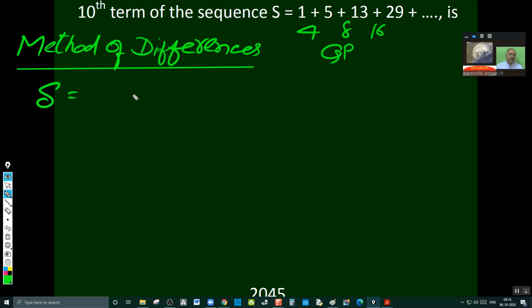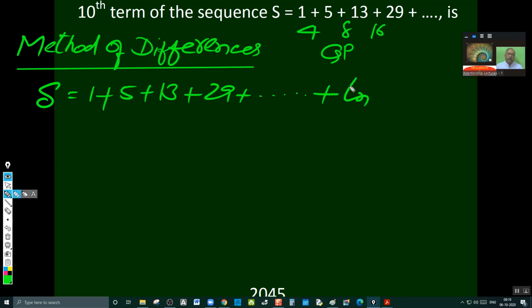S is equal to 1 plus 5 plus 13 plus 29 plus and so on plus nth term. And what we do, because to get the difference, the name itself is method of differences. To get the difference, we skip one term and write like this.